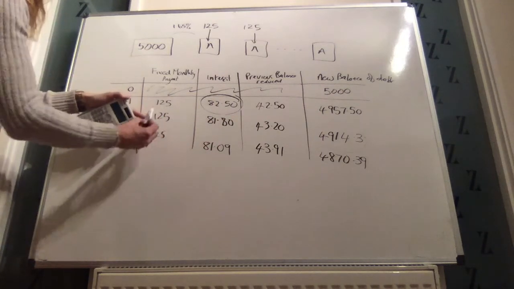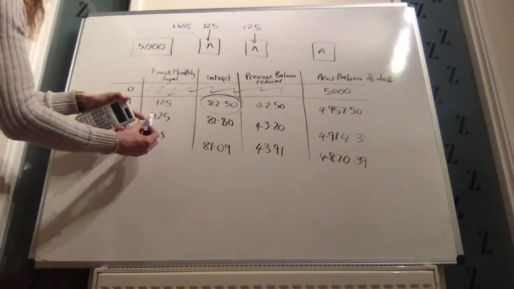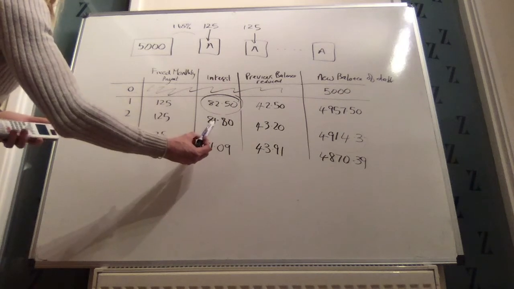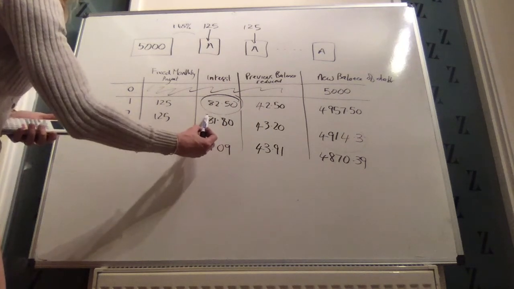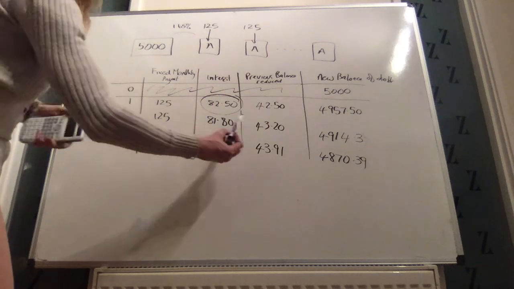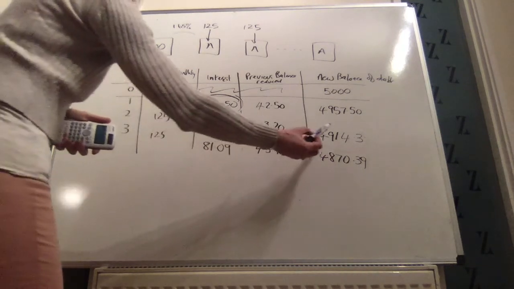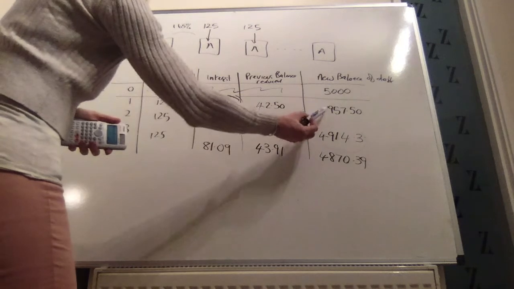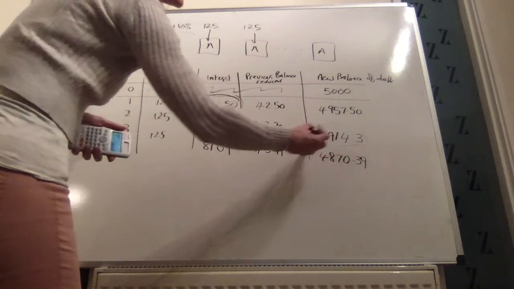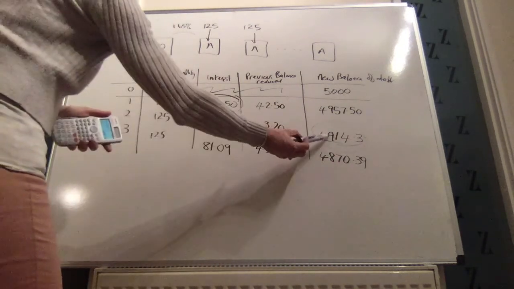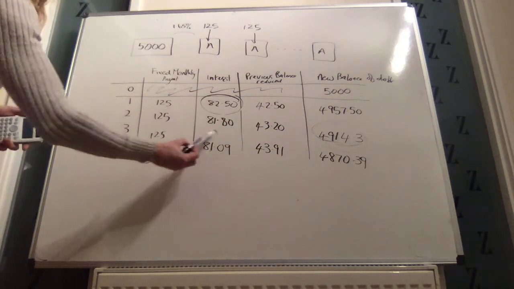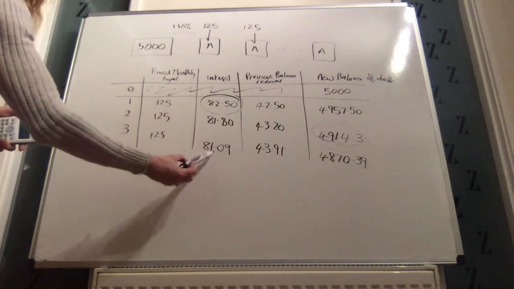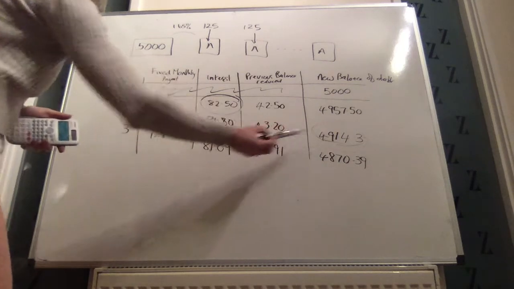He pays 125 at the end of the month, so of the 125, that much goes to pay off the interest that he gathered over that month, and that much goes to write off part of his loan. Now, that's what he owes. Interest at the end of a month puts him owing an extra 81.09 on top of that.